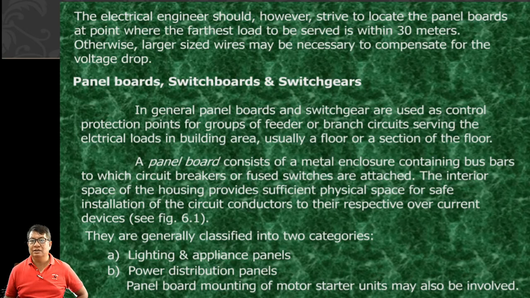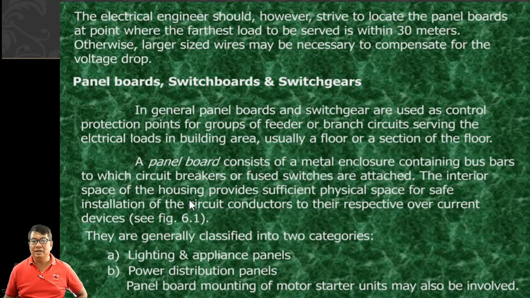Panel boards, switchboards, and switchgears. In general, panel boards and switchgears are used as control protection points for groups of feeders or branch circuits serving the electrical loads in building area, usually floor or a section of the floor. Panel board consists of a metal enclosure containing bus bars to which circuit breakers or fuse switches are attached.